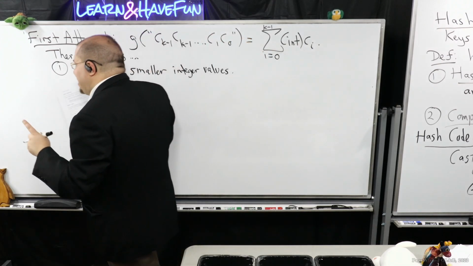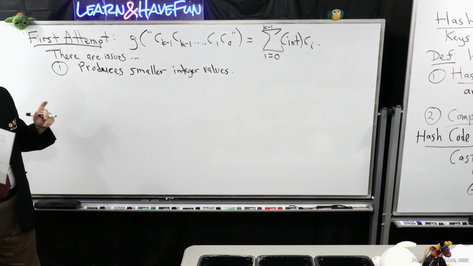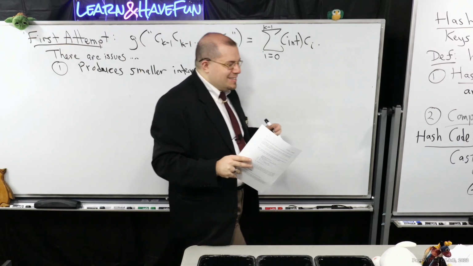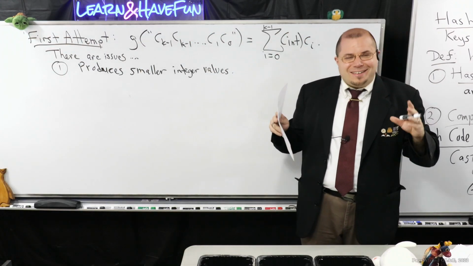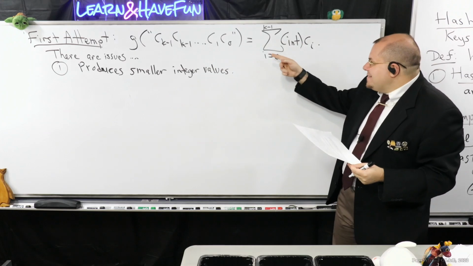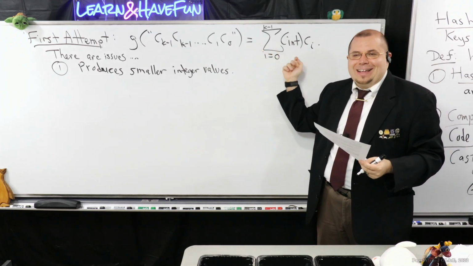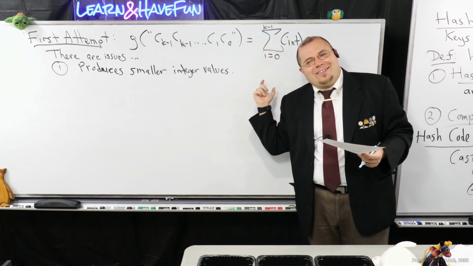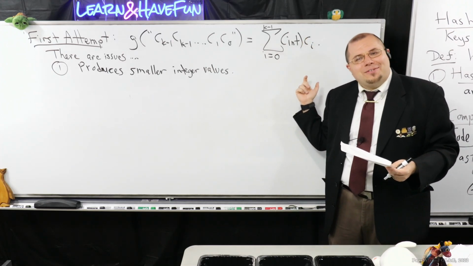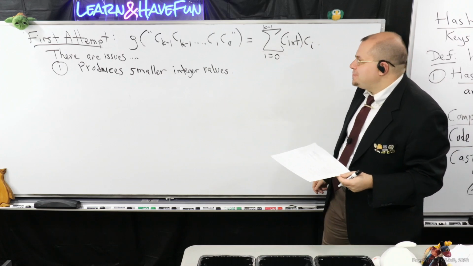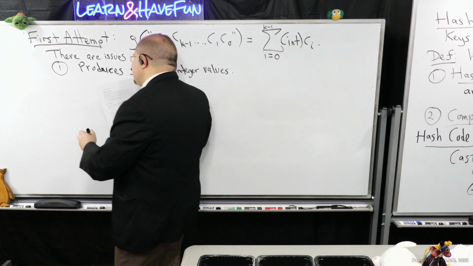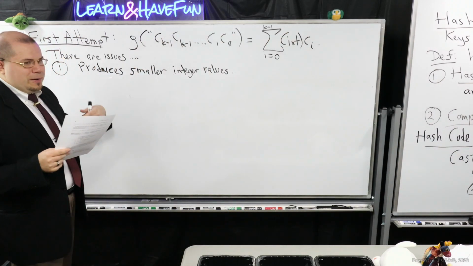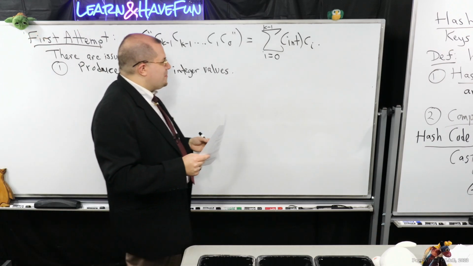Now, there's another, more fatal issue with this hash code. Does anybody see anything that you can point at and say this is not going to cut it? Suppose I gave you an arbitrary English dictionary. An English dictionary may have tens of thousands of words in it. Let's think about it.